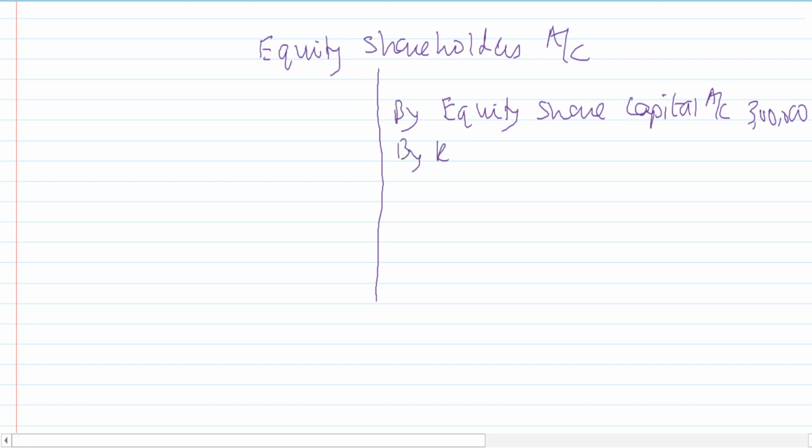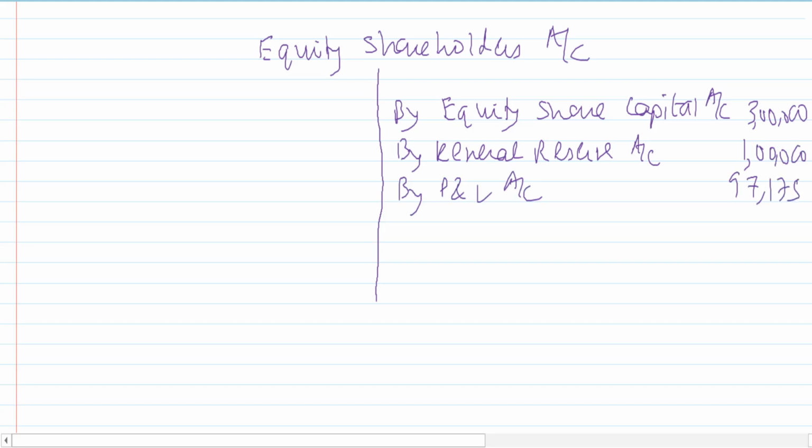This time some general reserve is there. So general reserve, 1 lakh. Profit and loss account, 97,175. Great. This is the money due to them.